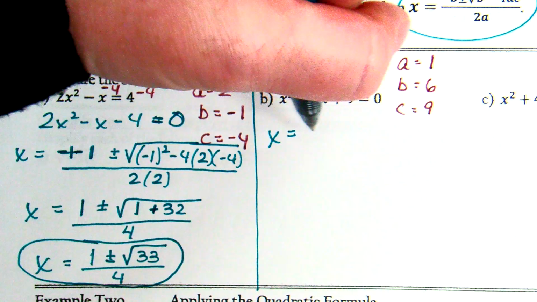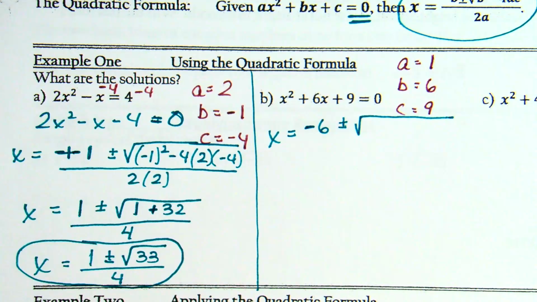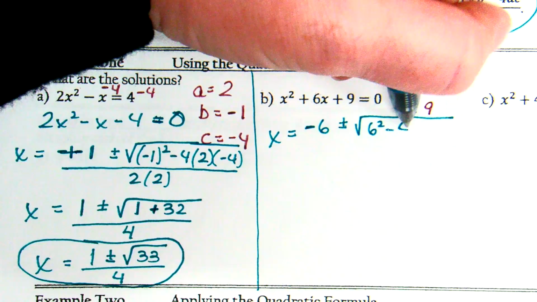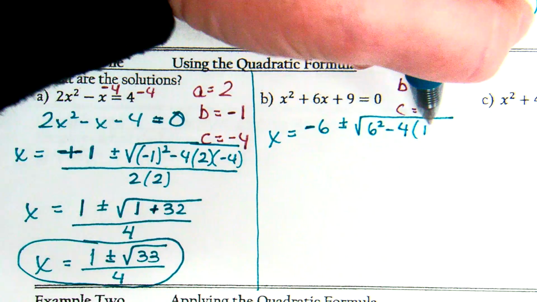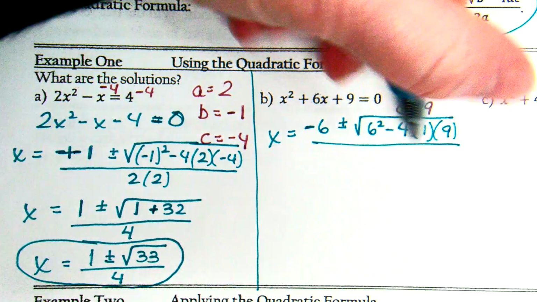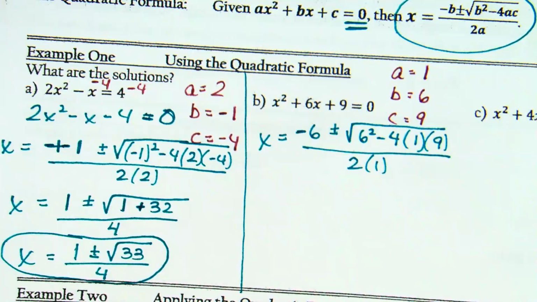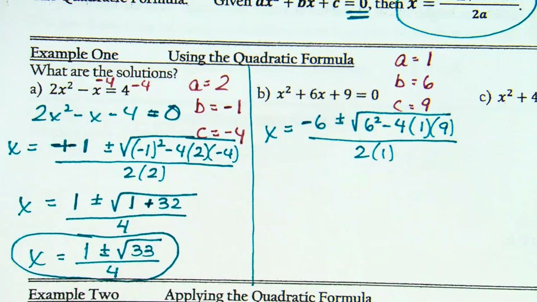Plus or minus the square root of B squared, so 6 squared minus 4 times A, which is 1, times C, which is 9, all over 2A, 2 times 1. Again, I'm always going to encourage you to write that out. I think it works better there.